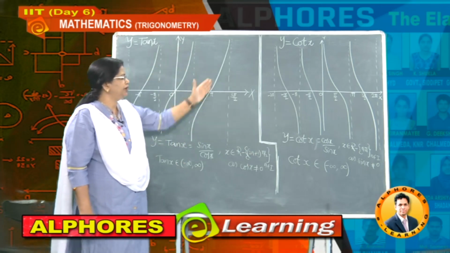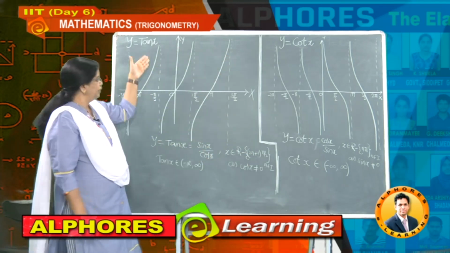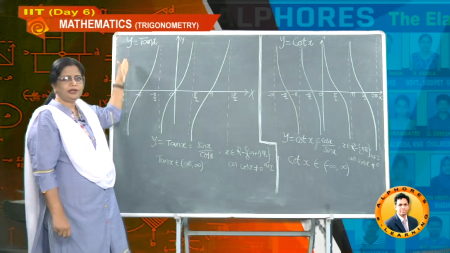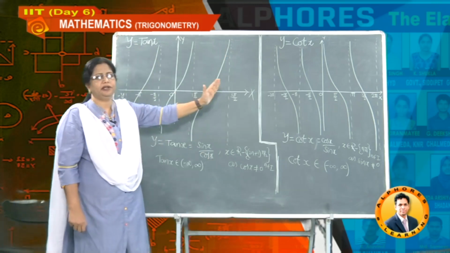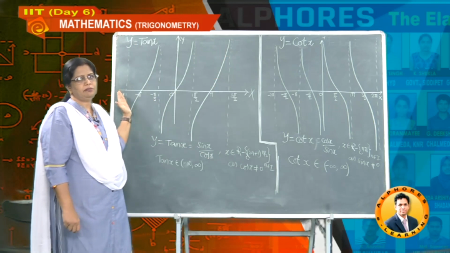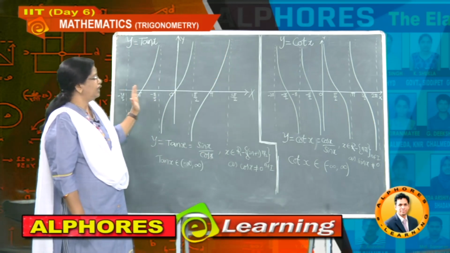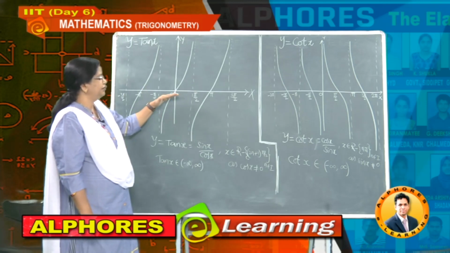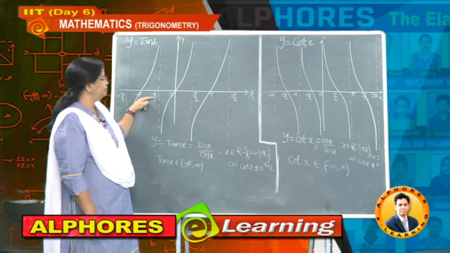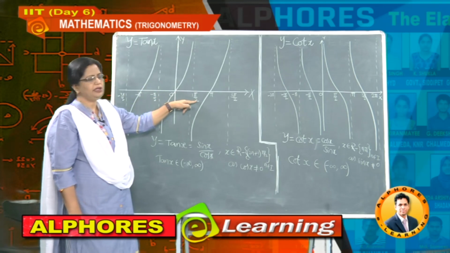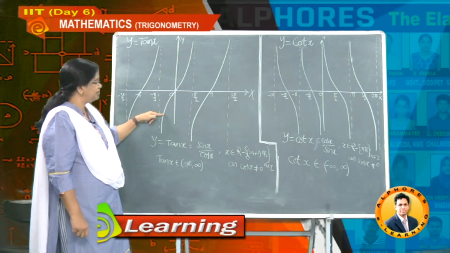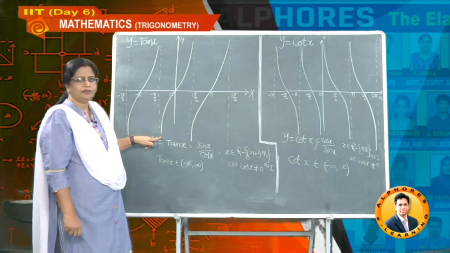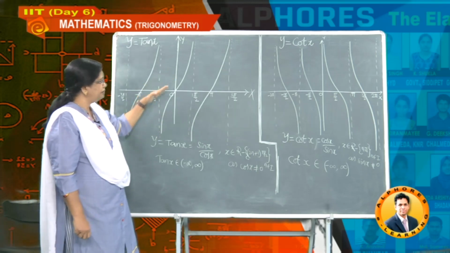That means at pi by 2, at 3 pi by 2, at minus pi by 2, at minus 3 pi by 2, etc., like that up to plus infinity and minus infinity. So all vertical lines we have to draw, and after that you observe the graph: you can take between minus 90 to 90. This is the curve you can observe. As I said, again, how we got all these shapes, etc.